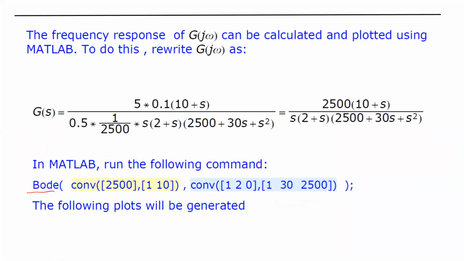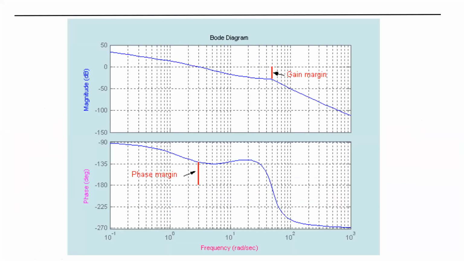It will give you the Bode plot, and this is basically the exact one. Look at it. Here, the concept of gain margin and phase margin, we will go to later. If you have only your sketch, maybe you don't get it very accurately. But with MATLAB, it will definitely be precise and your design will be much better.